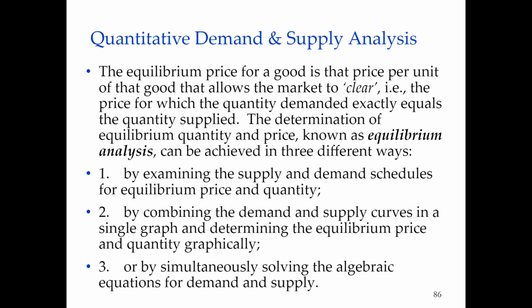We have by examining the supply and demand schedules for equilibrium price and quantity, by combining the demand and supply curves in a single graph and determining the equilibrium price and quantity graphically, or by simultaneously solving the algebraic equations for demand and supply.